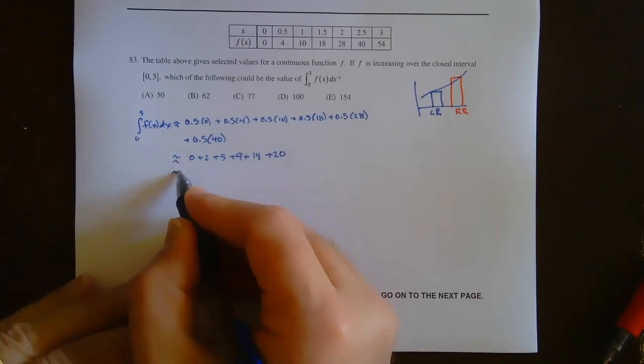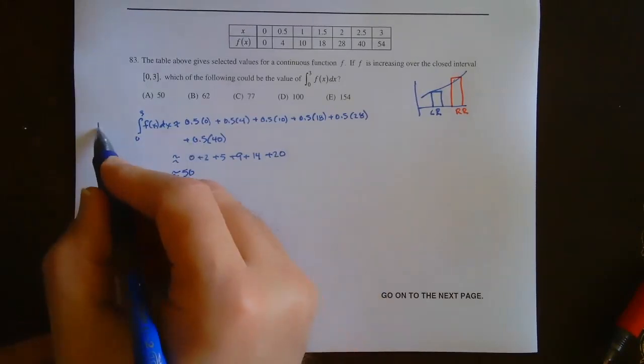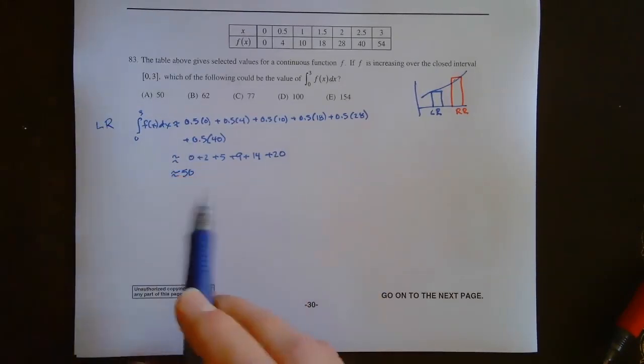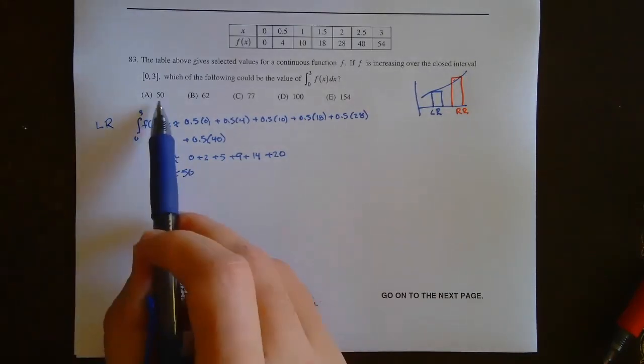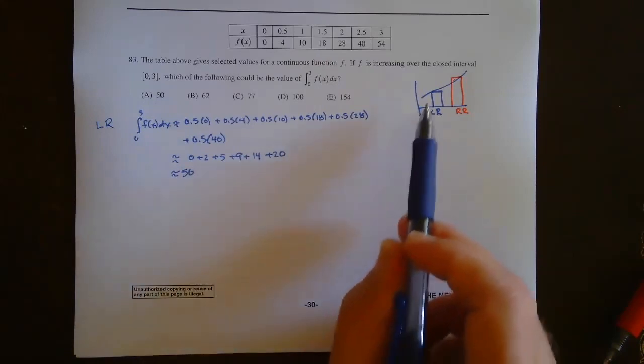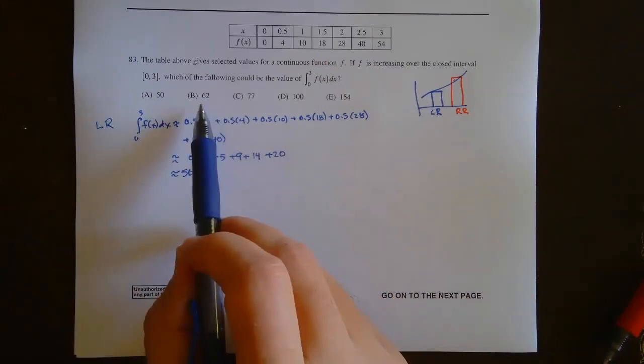So this is about 50, right? Now, what was this? This was a left Riemann, right? So if that's the left Riemann, okay, it can't be this answer right here, because our actual value has to be a little bit bigger. So I would say it's going to be 62, okay?